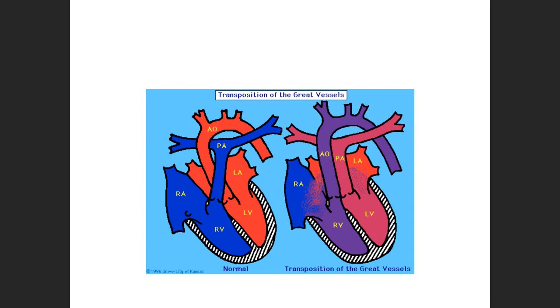Oxygenated blood coming back from the pulmonary circulation enters the left atrium via the pulmonary veins, and then goes to the left ventricle and into the pulmonary artery branches, the pulmonary vascular bed, and back into the left atrium.